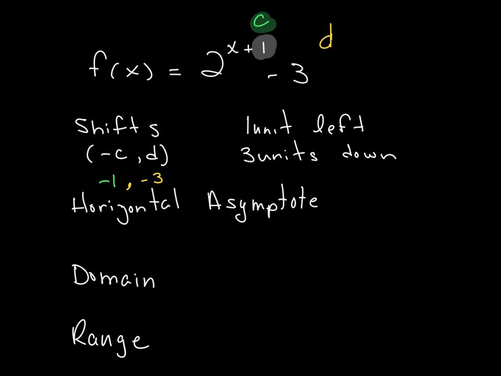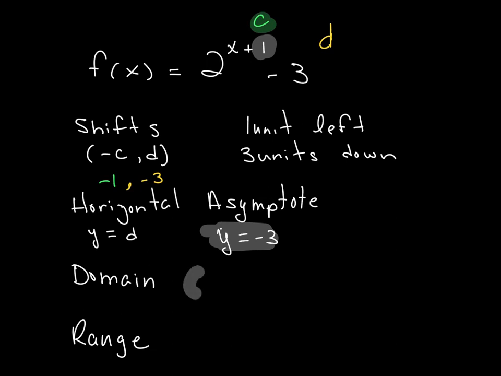The horizontal asymptote is just y is equal to d. We already identified d as being -3, so that is just going to be y is equal to -3 for the answer for this one. The domain is still the same.